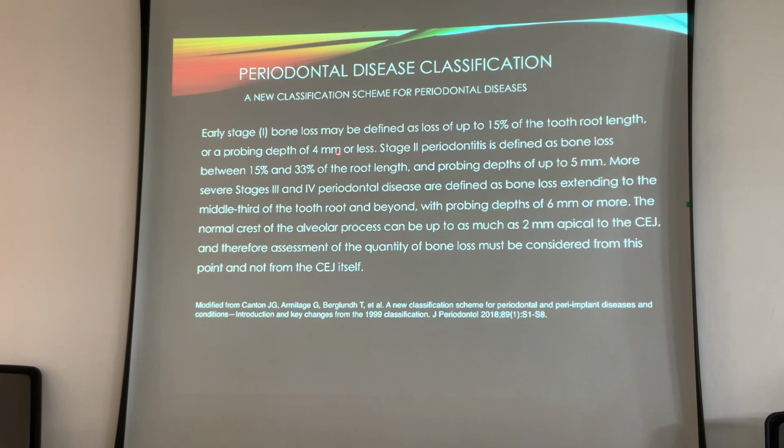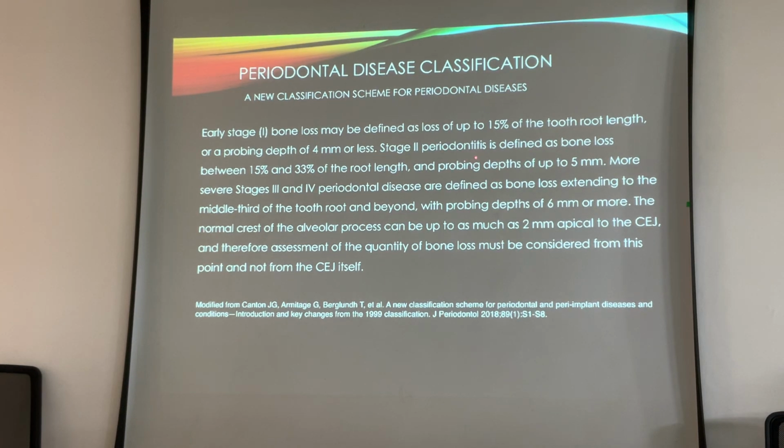This is the clinical examination. When you do the probing on the patient and find that the probe shows 4 mm or less probing depth, that means you can say that this patient has early stage 1 bone loss.